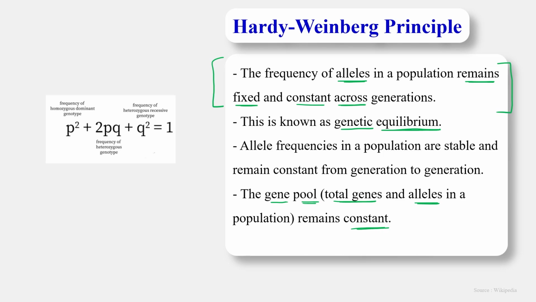So obviously the total number of alleles is also constant. This is the definition, or the conclusion, of the Hardy-Weinberg principle. And according to Hardy-Weinberg, the sum of all allelic frequencies is 1.